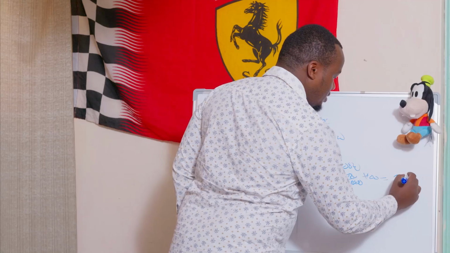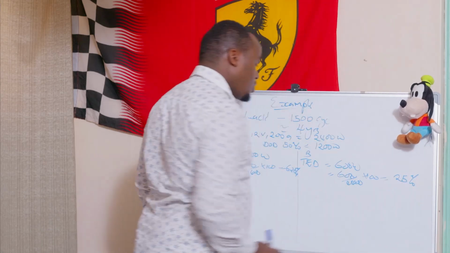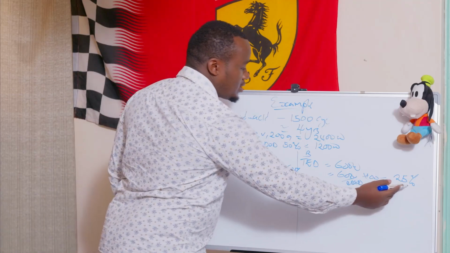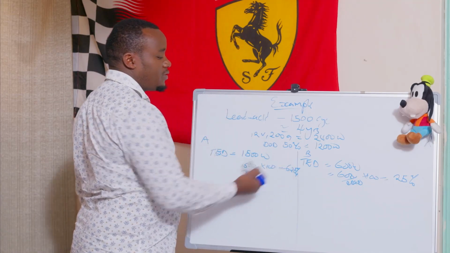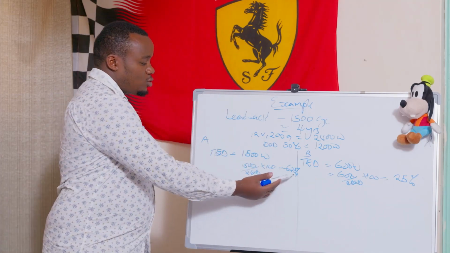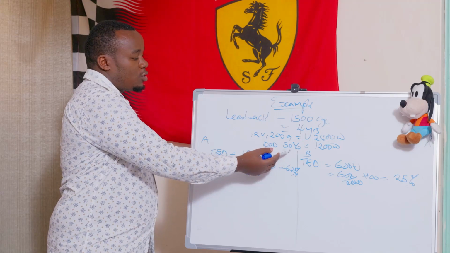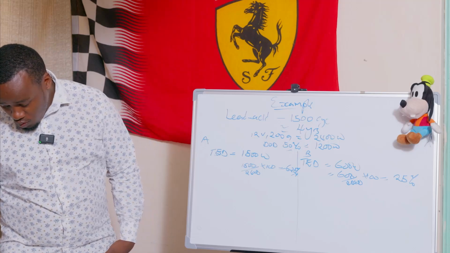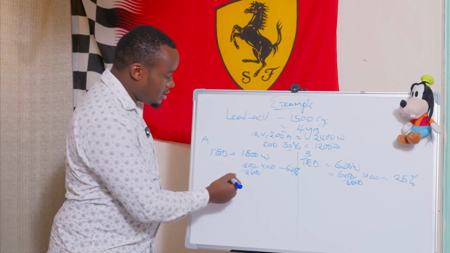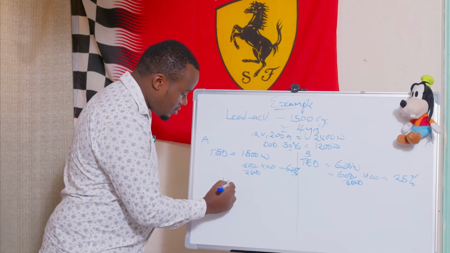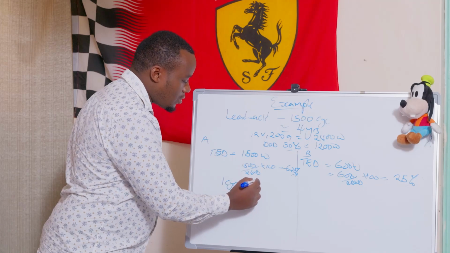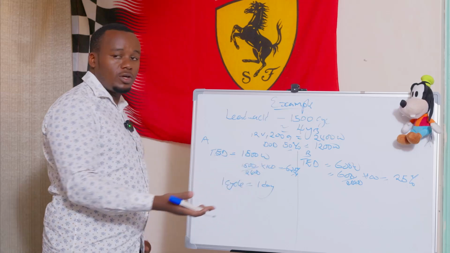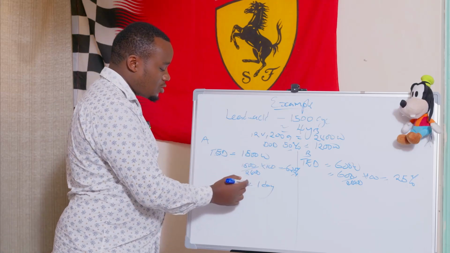So if you understand this now, this 25% is below the recommended 50%, and this 62.5% is above the recommended 50%. So what is going to happen? For home A, one cycle is lasting at least 1 day, because he's discharging it above the recommended. So one cycle is equal to 1 day.